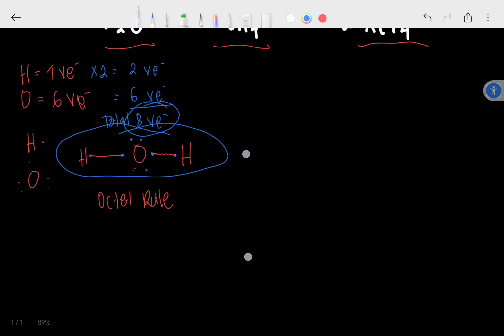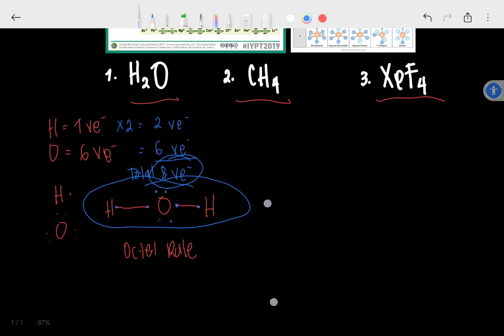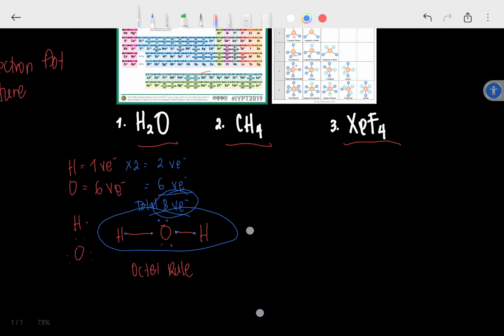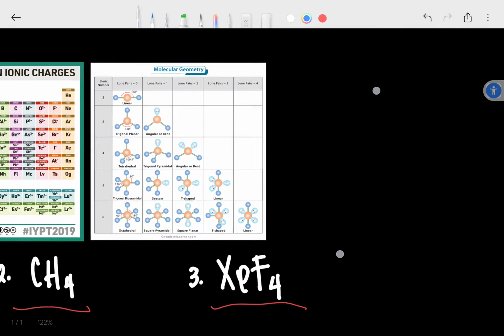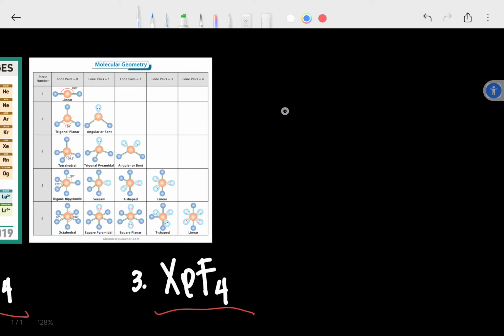Now, with the Lewis electron dot structure, how can we determine the molecular geometry? Let's go back to the water, and there are 2 lone pairs. Here, we first have to know the steric number. When we say steric number, we recall the electron clouds. How many are attached to our central atom?